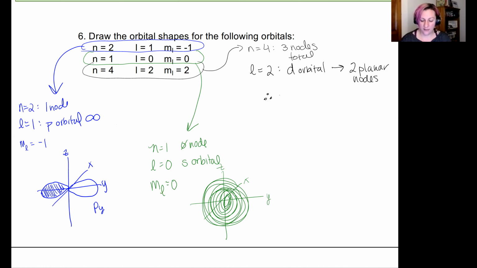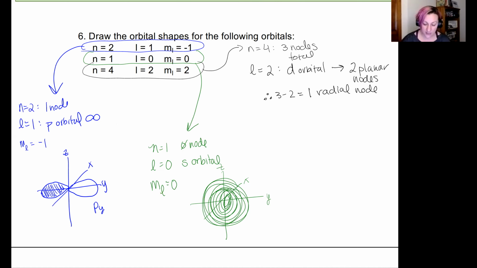Therefore, since I have 3 nodes total, I'll have 1 radial node. Whatever remainder I have after I use the appropriate number of planar nodes to create the shape that corresponds to L, those will all just represent radial nodes. So I'll have 1 radial node and then a d orbital shape.